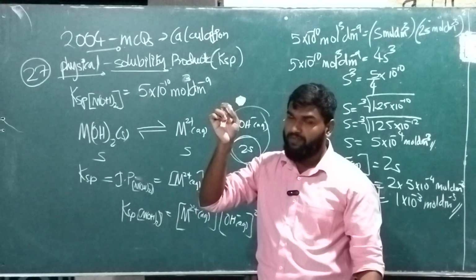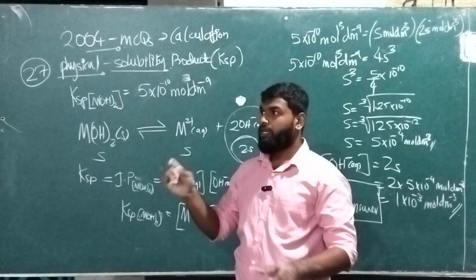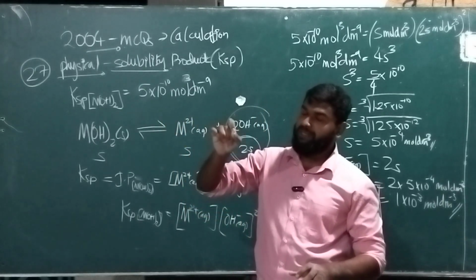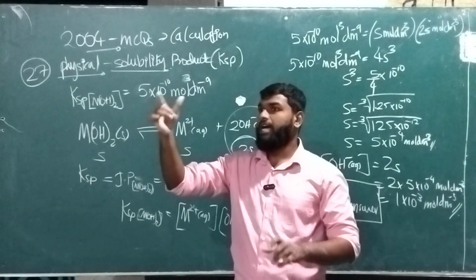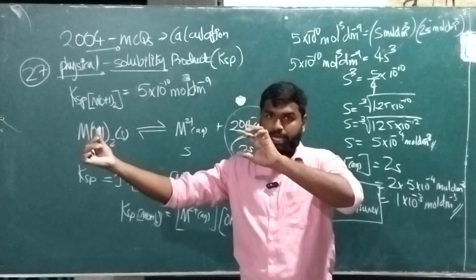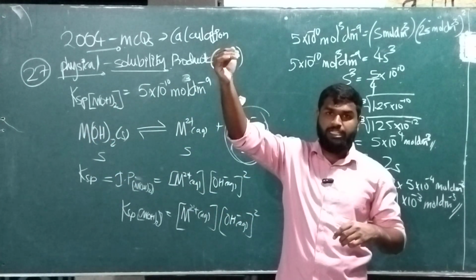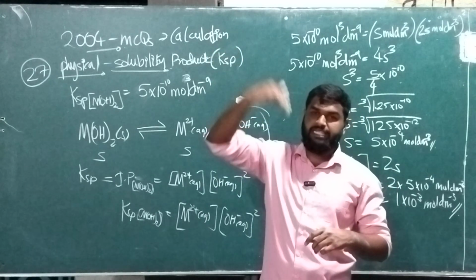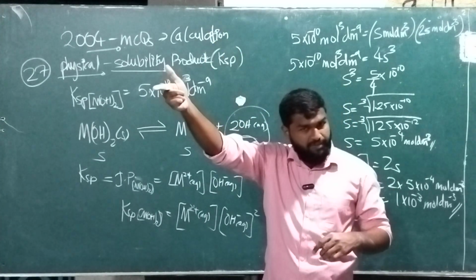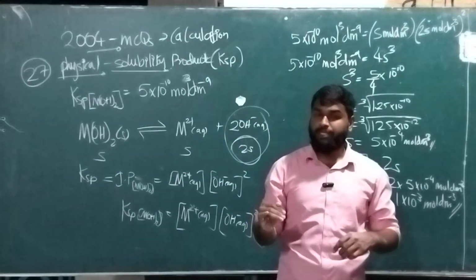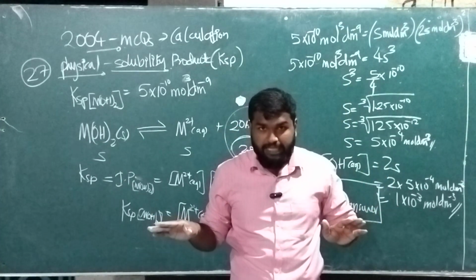When it is at the verge of precipitation, the ionic product must be equal to Ksp. If the ionic product exceeds the Ksp, precipitation will take place. But if the ionic product is less than the Ksp, there will be no precipitation.